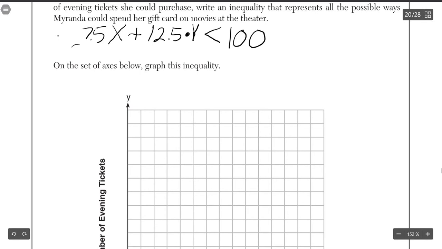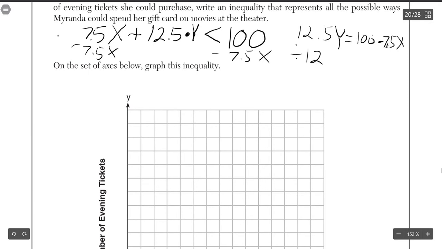Subtract 7.5x from each side. So we'll have 12.5y equals 100 minus 7.5x, and then divide each side by 12.5.